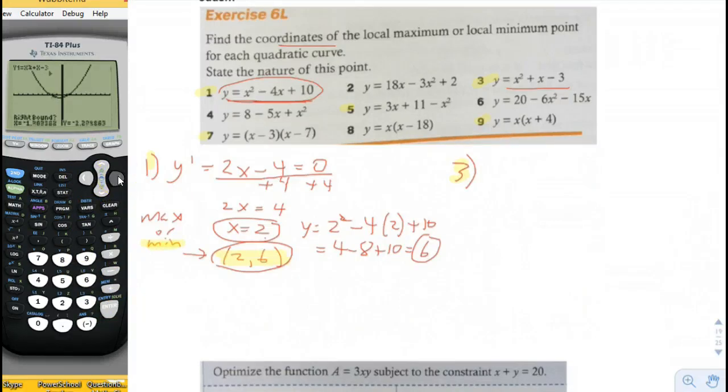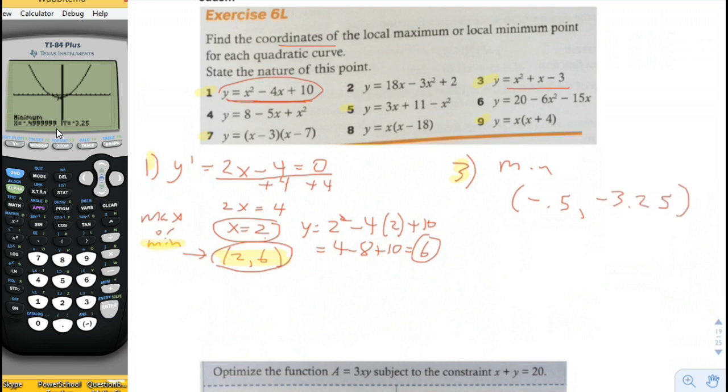Then we move the cursor to the right side of the minimum. And then we guess. And it tells us that the minimum is at negative 0.5 comma negative 3.25.